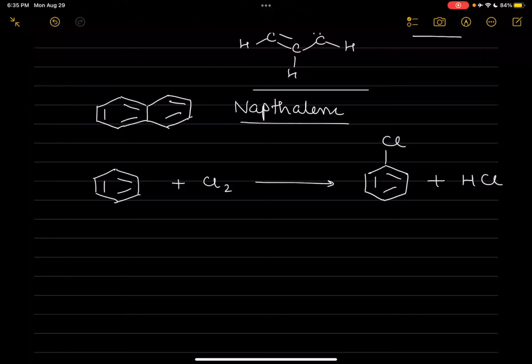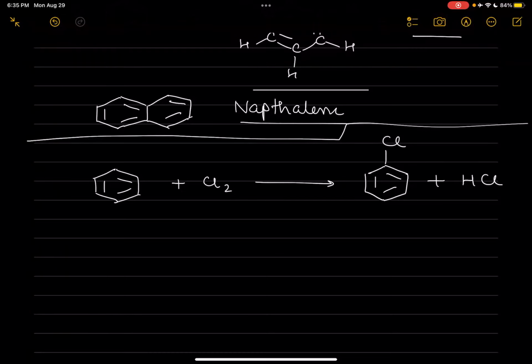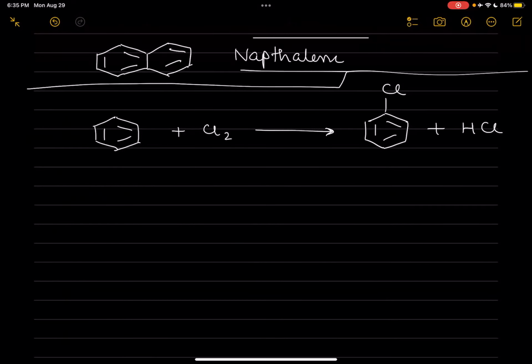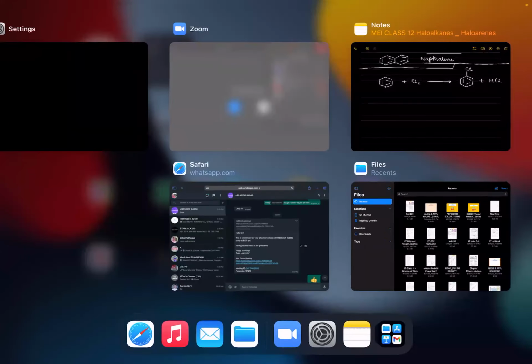Suppose if I want to prepare chlorobenzene from benzene, how will I carry out this reaction? First of all, I need to take benzene and chlorine because I need to put Cl, right? Yes. So how do I connect Cl here?